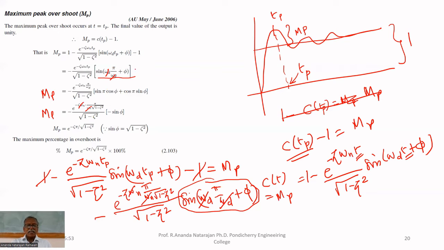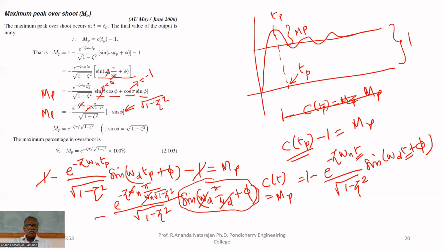That's why we can write sine pi plus phi. That can be written as sine a plus b, sine a cos b plus cos a sine b. Sine pi equal to 0, therefore this term becomes 0. Cos pi equal to minus 1. Therefore, this minus sign gets cancelled and it becomes positive. So, MP equal to e power minus zeta pi upon square root of 1 minus zeta square, and sine phi equal to square root of 1 minus zeta square.